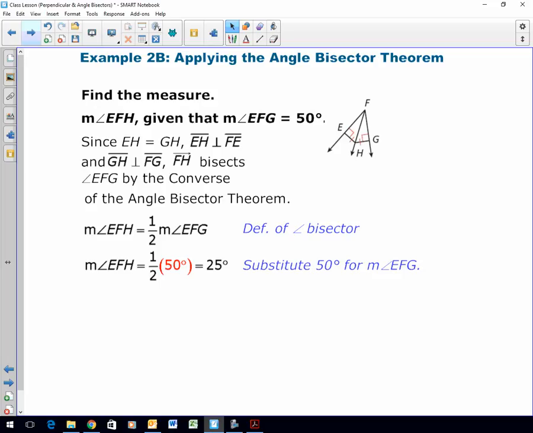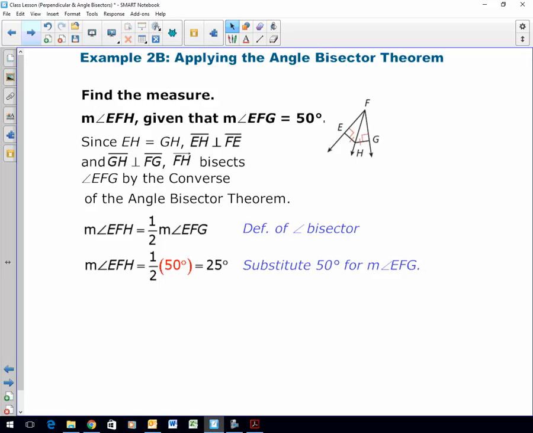Ooh, look at this one. Find the measure of EFH if EFG is 50. First off, notice that HE and HG are congruent. That should signal something for me. That means that this is an angle bisector.